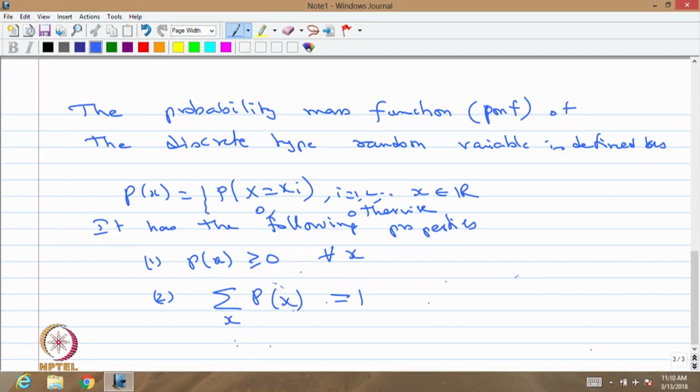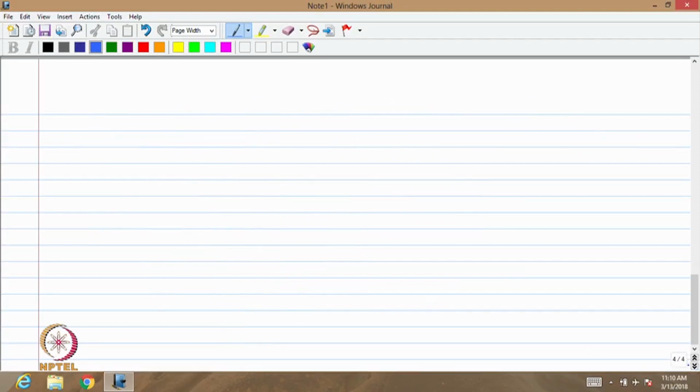I will go for one easy example which we have discussed earlier in the form of CDF. Recall, there is one problem in which the random variable x is the number of heads obtained for the random experiment of tossing two unbiased coins.